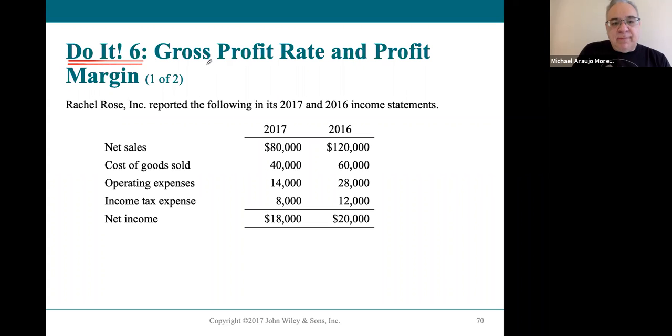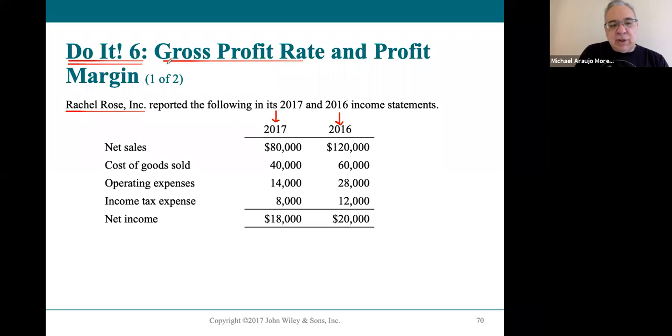And that's important. So here is Rachel Rose information for 2017, listed in the first column, 2016 in the second column. And again, the gross profit rate is the first thing they want, and then the profit rate is the second.